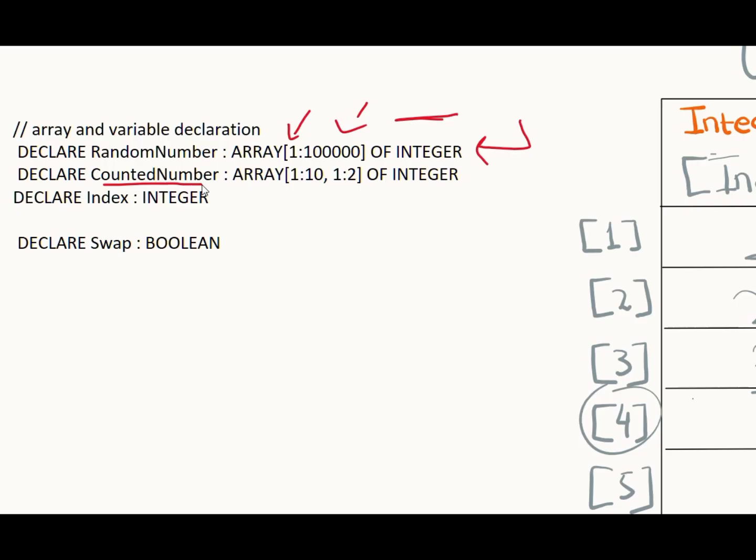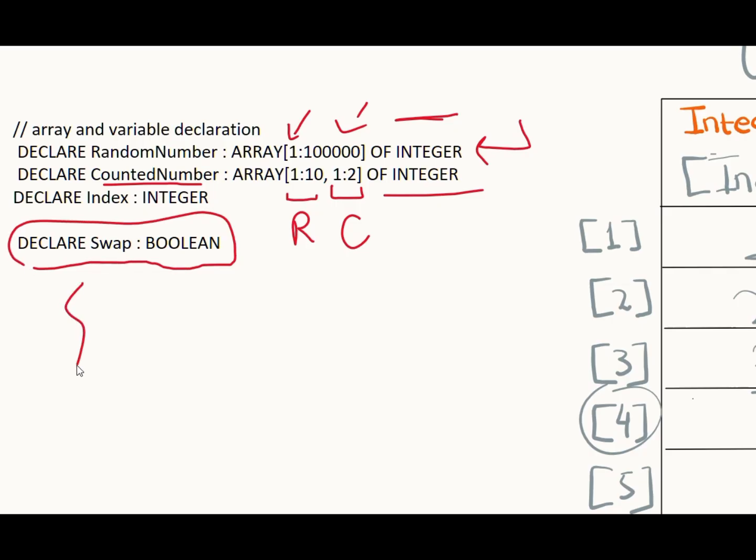And for the 2D array counted number, there are 1 to 10 rows and 2 columns. This one specifies the rows and this one the columns, and it is also of integer. And I have also declared a variable swap for bubble sort. But we have to declare all the other variables when we create them in our program, and then we will come back to this.